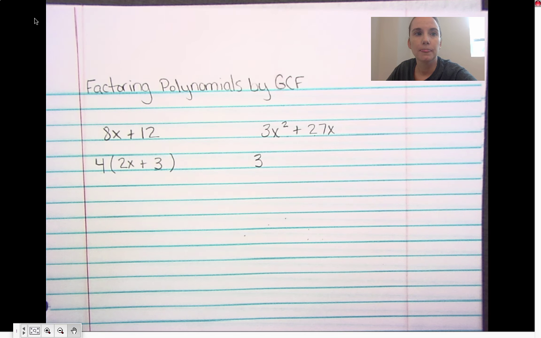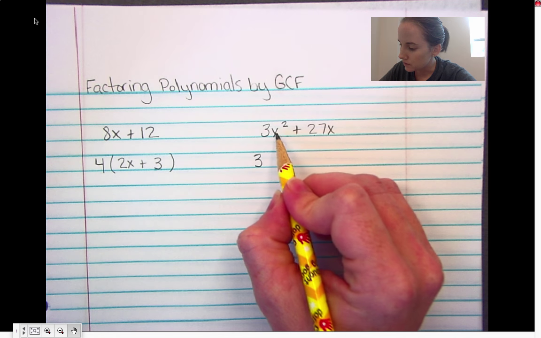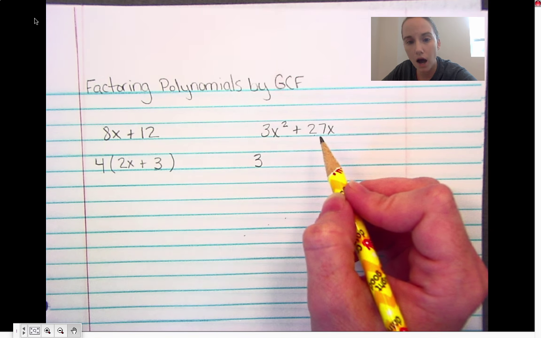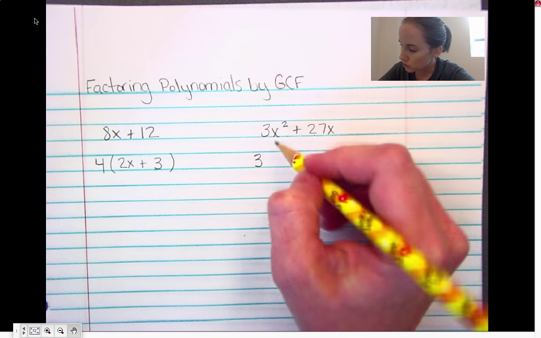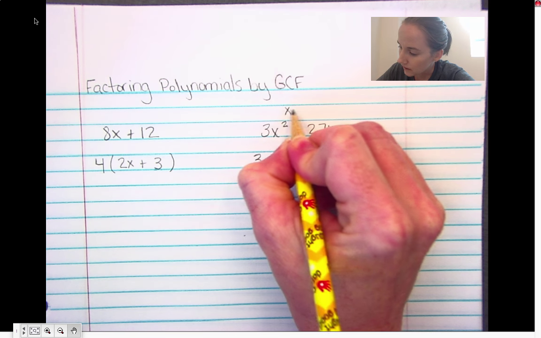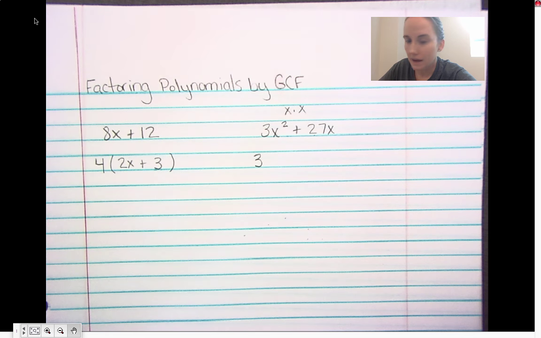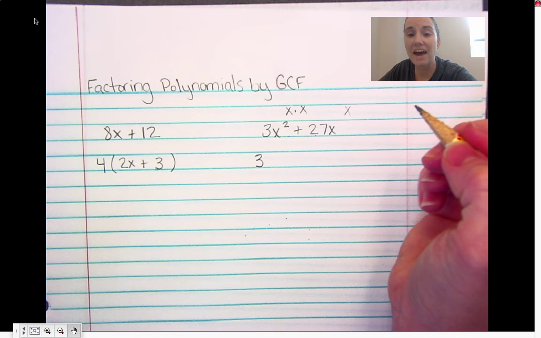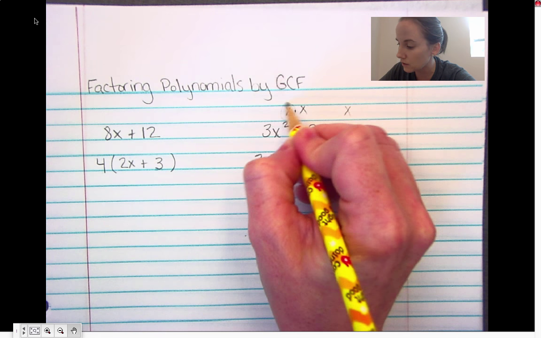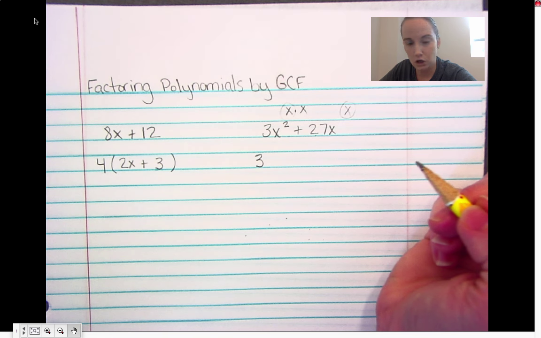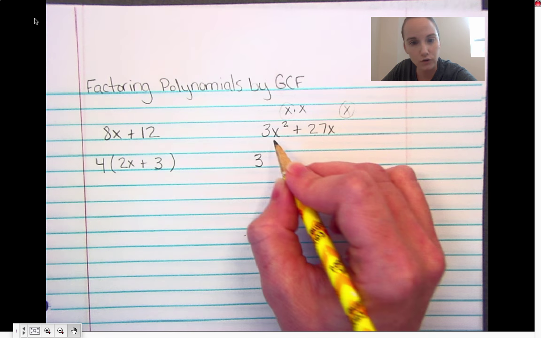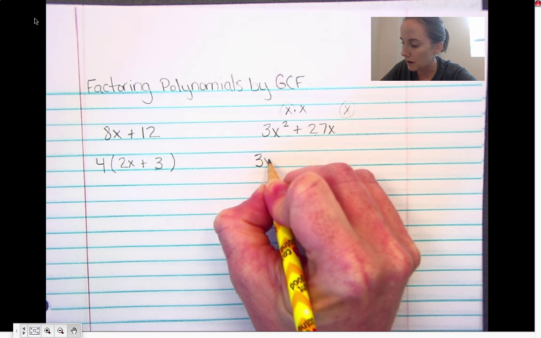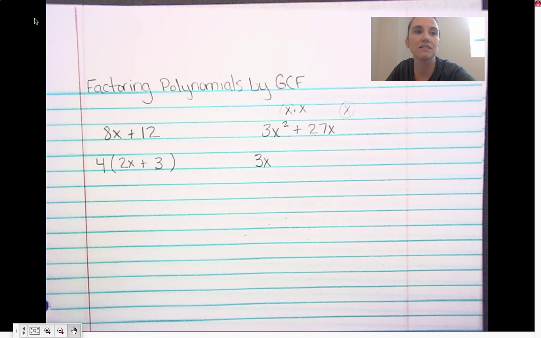Now, notice both of these terms have a common x. For this term, we have x times x, and for this term, we just have x. So something that they have in common is a single x. So I know that I can factor out or divide it out from both of those terms. So now I have a 3 and an x in the front.